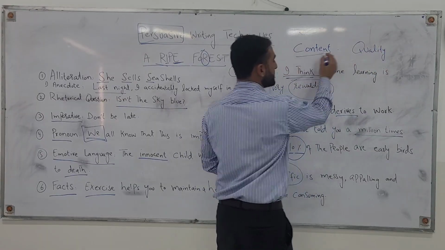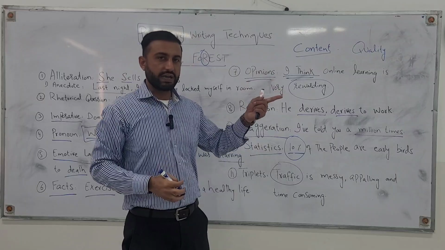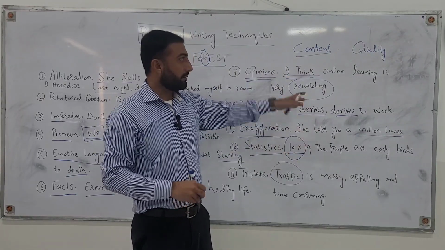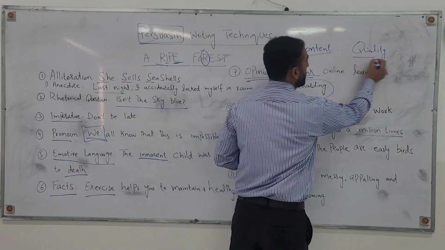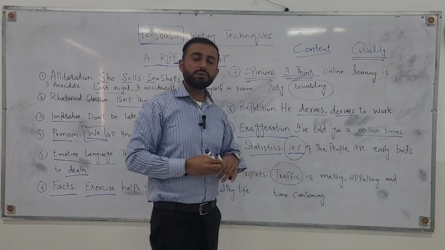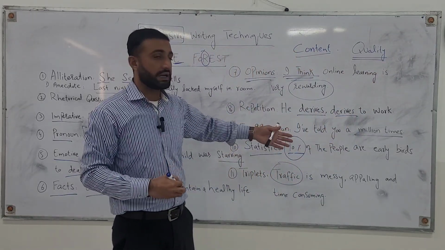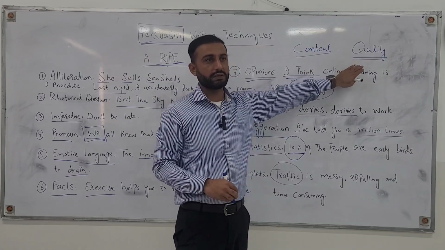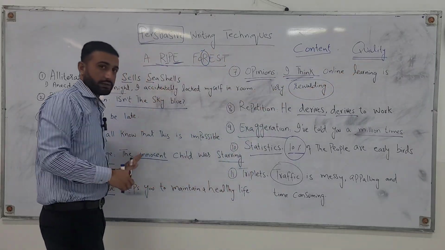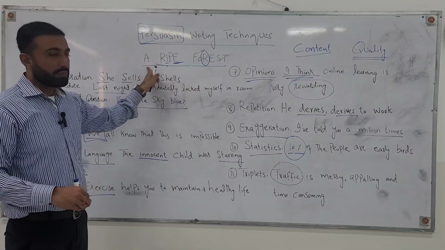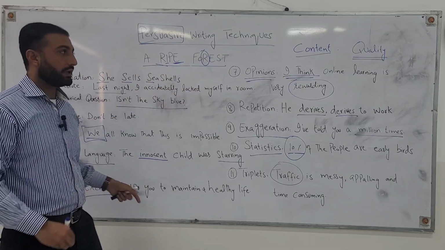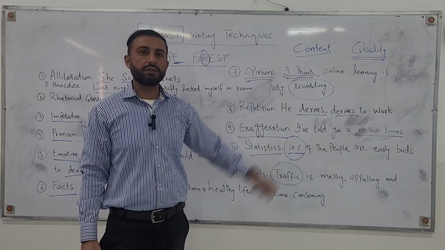Now, content is coming from the given text, so it doesn't matter here, but quality does matter. Why? Because once you show that you have command of the language, that's how you're going to score good marks in the quality of writing. So this is a way to score good marks. Apply this technique in your directed writing in order to score in quality of writing.